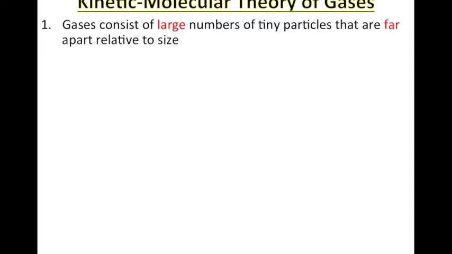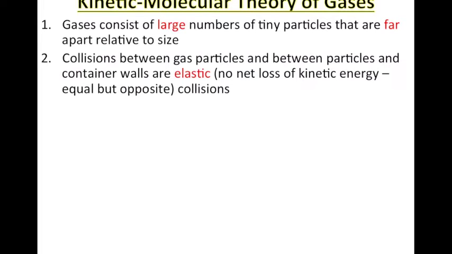So even though there are a lot of them, because they are very small, and based on the properties they have as a gas, they're going to be far apart relative to their size. So for us, if we were looking at a sample, they might look close together, but relative to their size, they are very far apart.